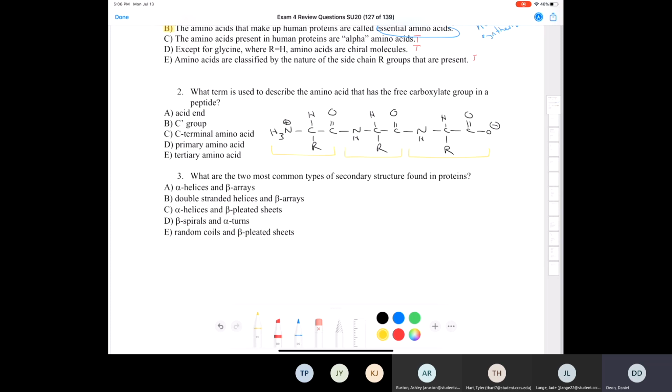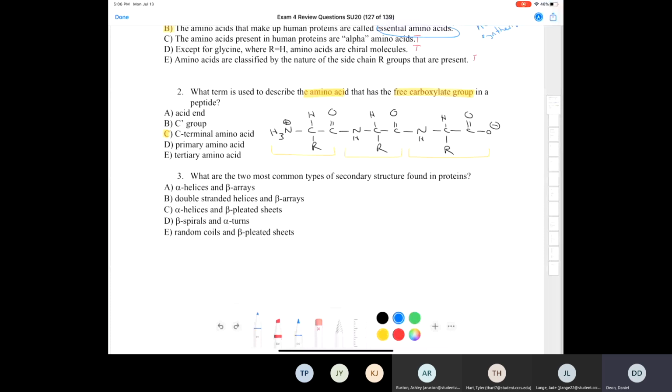And the amino acid that has the free carboxylate group, we call that the C-terminal or the C-terminus amino acid. So this is the C-terminus, or you could call it the C-terminal.